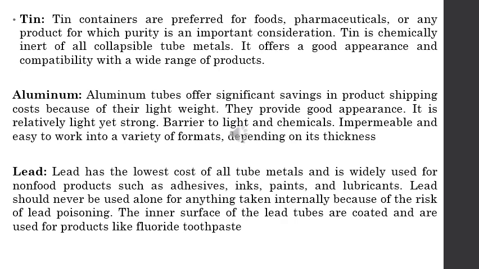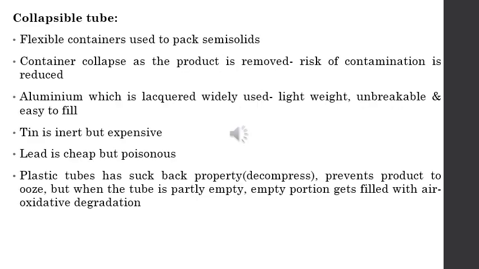The inner surface of lead tubes is coated, and they may be used for products like fluoride toothpaste. Apart from tin, aluminium and lead, stainless steel is the most commonly used metal, but it is used for preparing large scale equipment or vessels used in the manufacturing area.